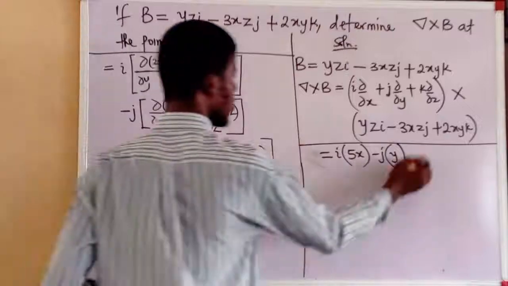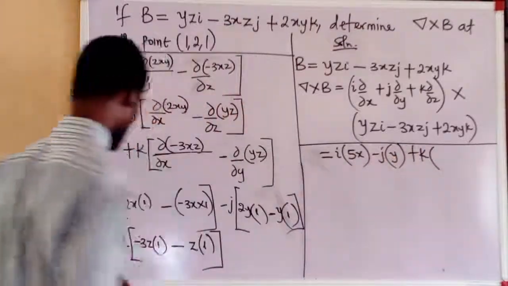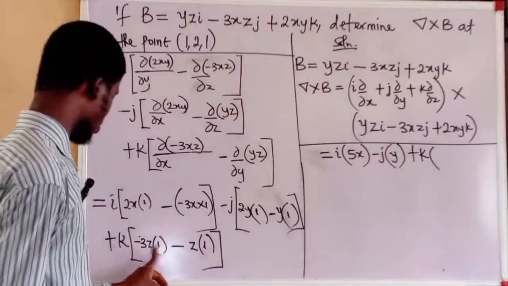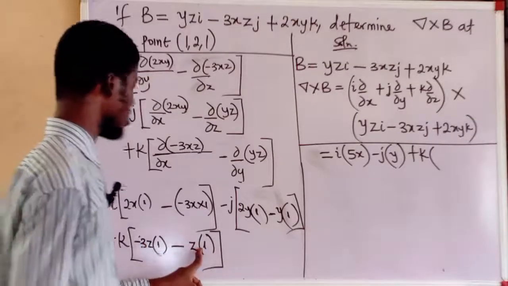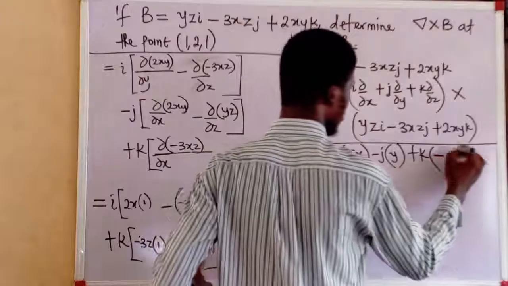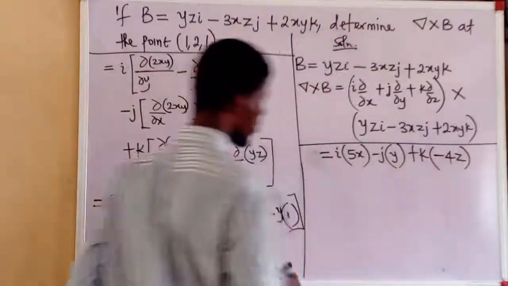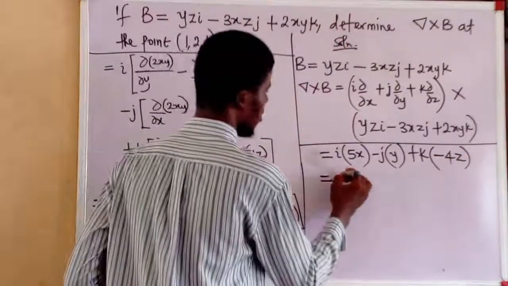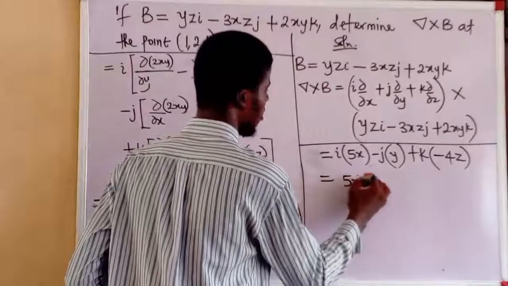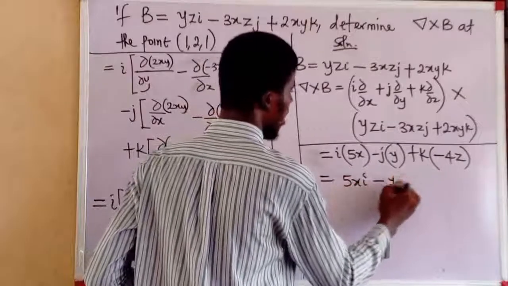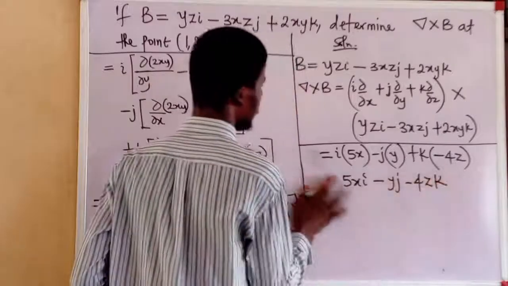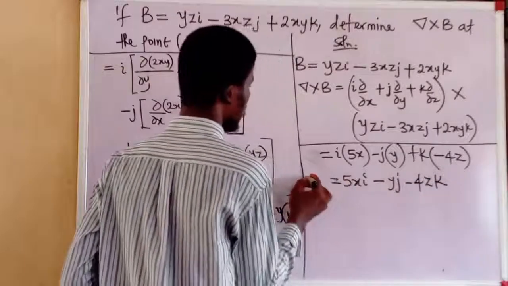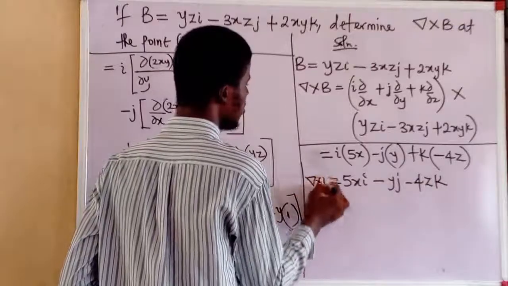Plus k into minus 3z minus z, so minus 3z minus z is minus 4z. So we have 5x i minus y j minus 4z k. So this is the function for the curl of B.